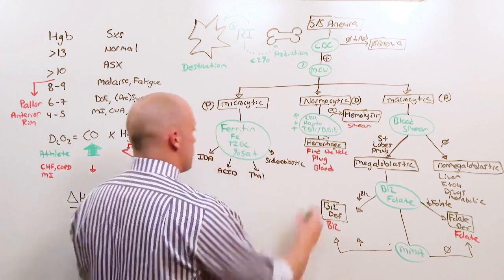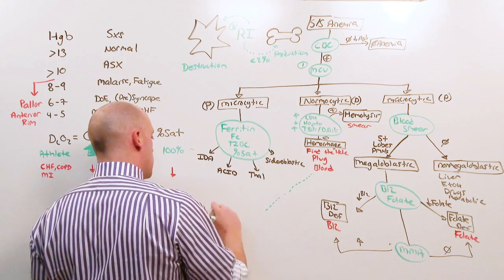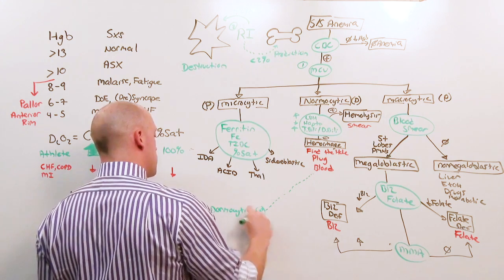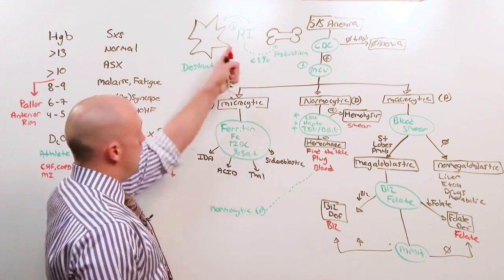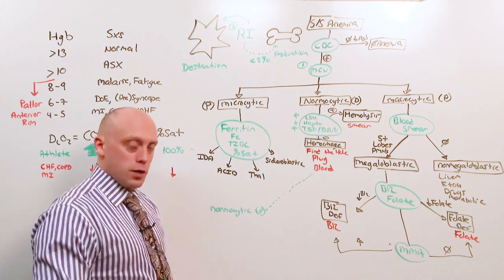Now, the exception to this is a normocytic anemia that is production. Normocytic anemias that have a low reticulocyte index imply one of two things.